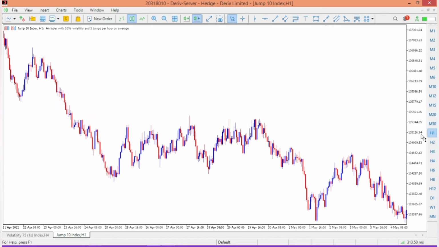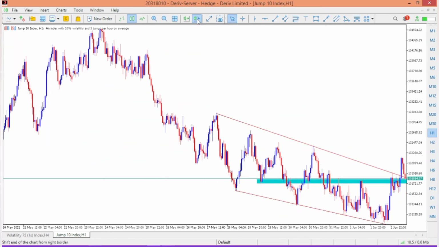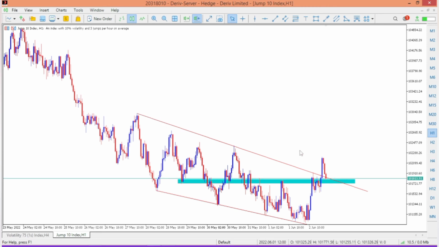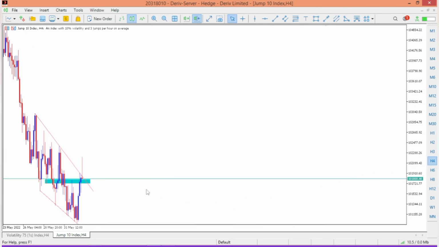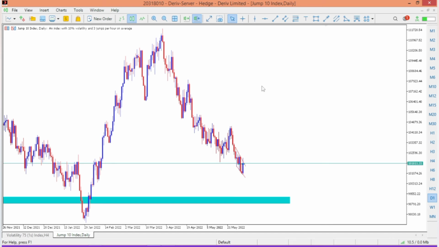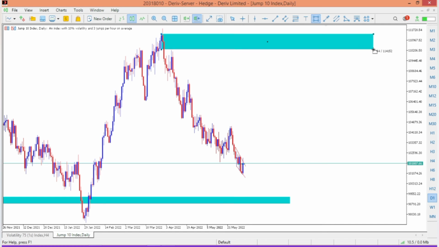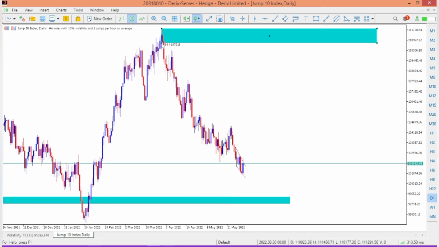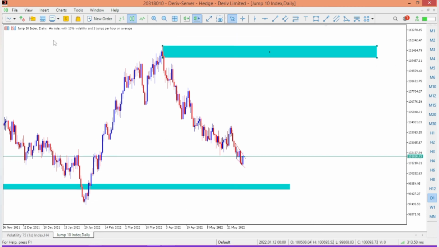If you still want to scalp and not hold it, that's fine. But once a confirmation happens on this 4 hour time frame, the trend is going to reverse completely to the upside, and the maximum target should be here. It's going to be a very long swing trade, and the pips are going to be massive. So that's why you just have to be patient and wait for it to unfold.